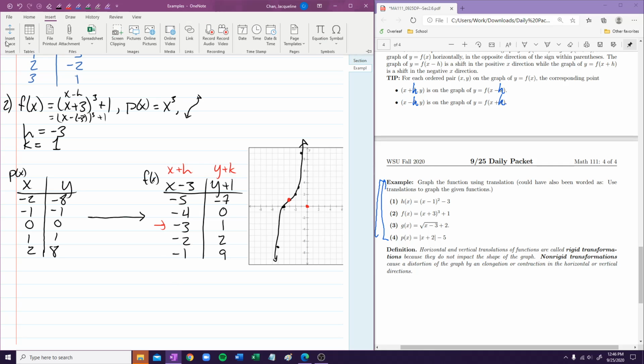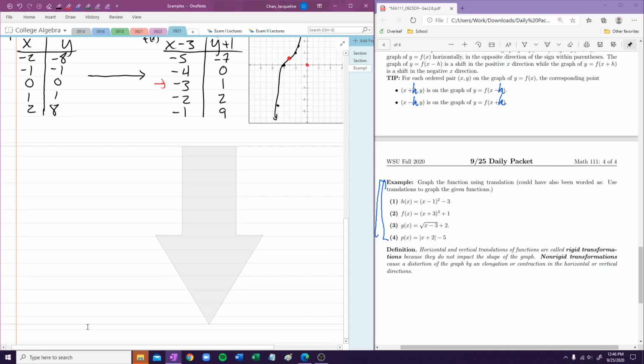Now, what we're going to do is we're going to do example 3. Okay, example 3, we are given g of x is equal to the square root of x minus 3 plus 2. Again, what is h?